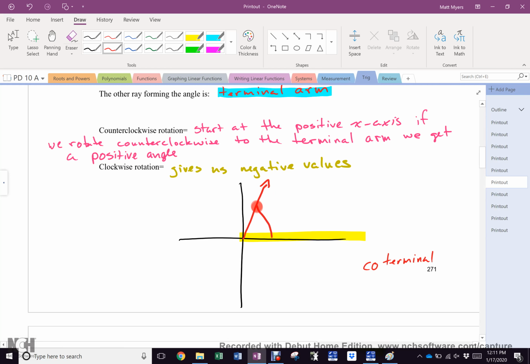Okay. Positive or negative 80? Positive 80. Excellent. Negative what? What? Negative 280. Why? 360 reversed. Everybody cool? Okay.